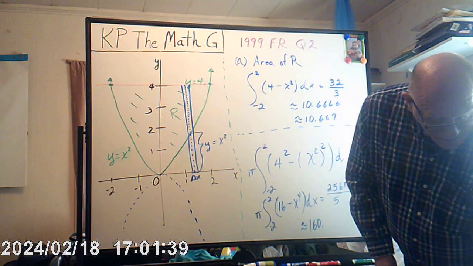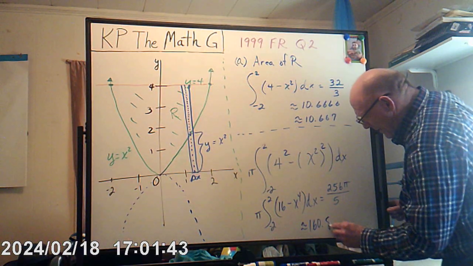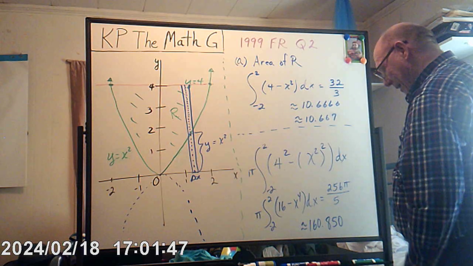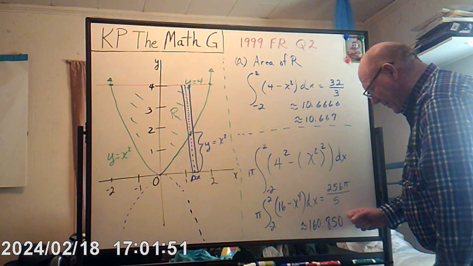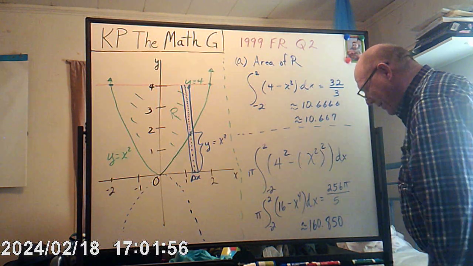I'm sorry, 849, which is 850. So 850. Okay. Probably you could get away with 849, but I think there's a digit that just goes on out here that makes this turn into 50.